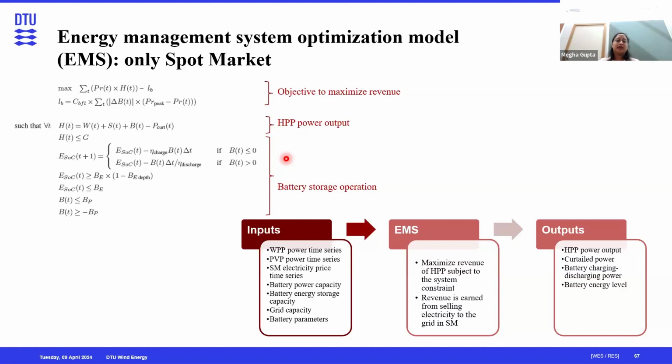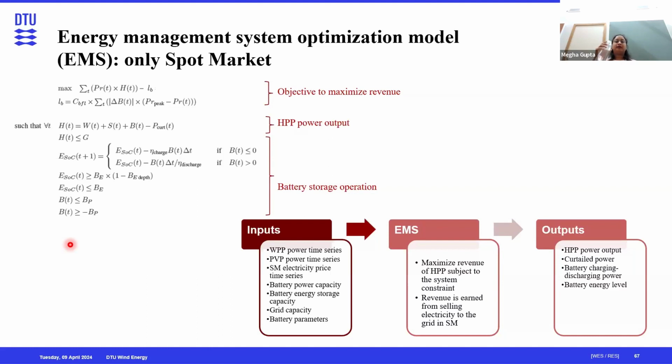Those prices we are getting from the Balmoral model that Kaushik explained in the previous session. And then there are just some constraints on the power balance, on the grid connection capacity, and on the battery power and battery energy capacities. And yes, battery storage operation constraints are there.